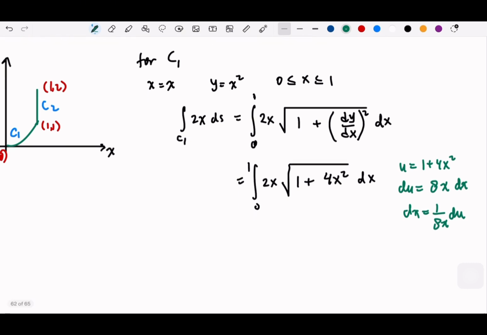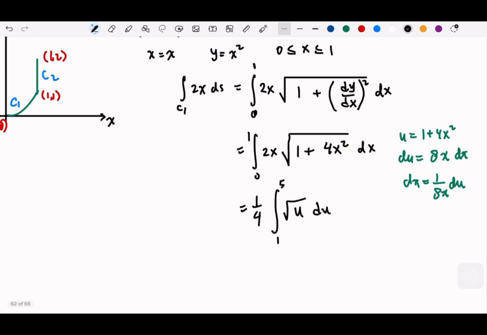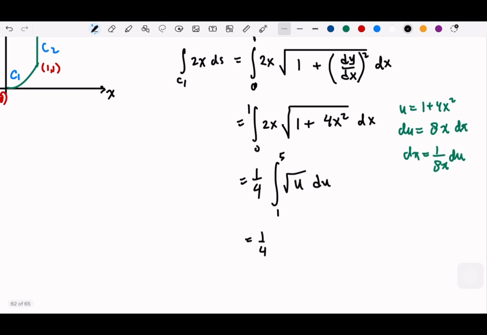So we have 1 over 8, or rather 1 over 4, right? This is from 1 to 5. So this will be the square root of u du. This will be 2 over 3 times u to the 3 over 2.